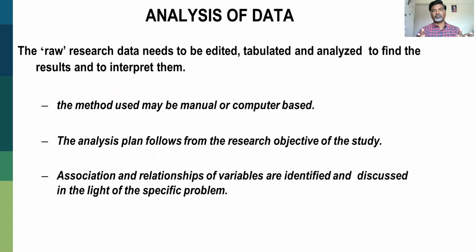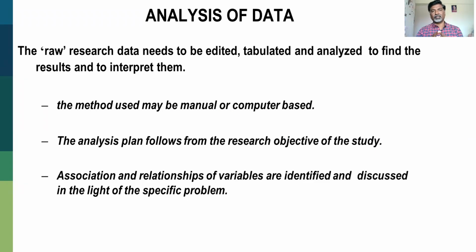For analysis, you can use statistical tools like Excel, SPSS, or other statistical tools. By using those, you can analyze your data, or you can interpret the data using your own knowledge of statistics. The analysis plan follows from the research objective to the study.